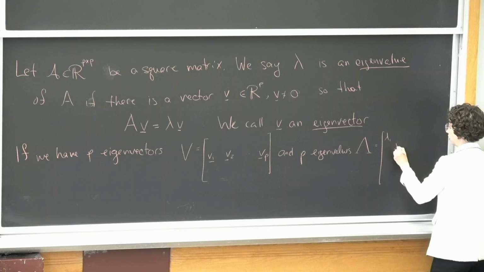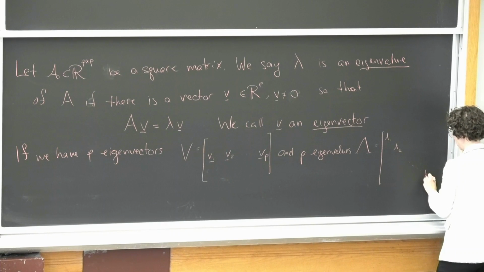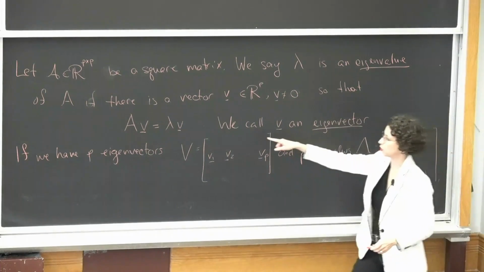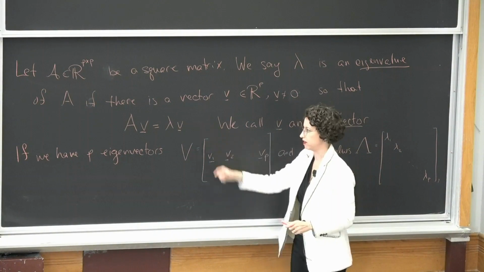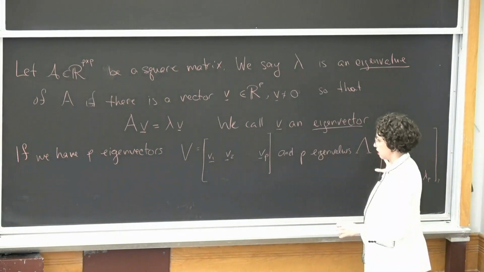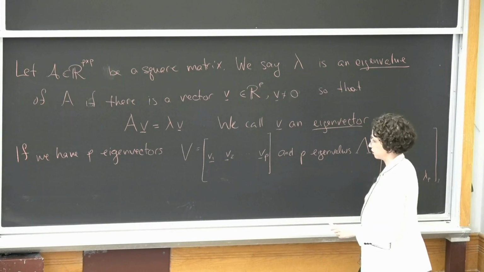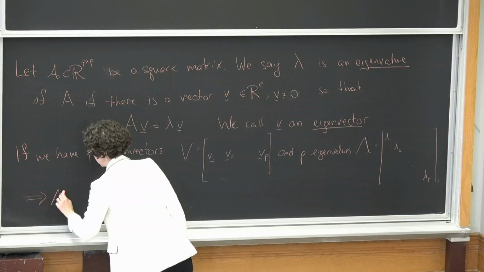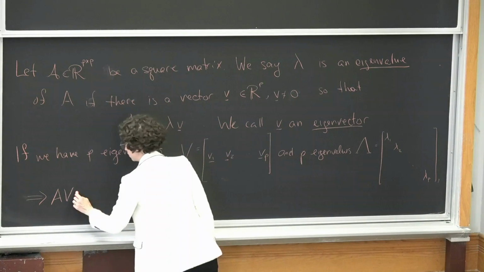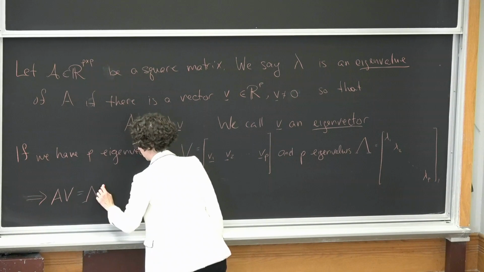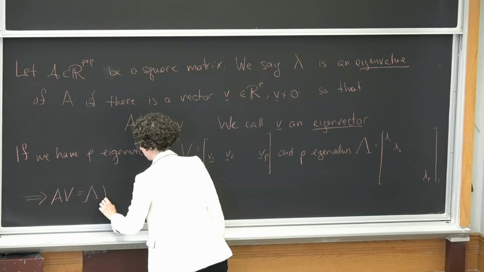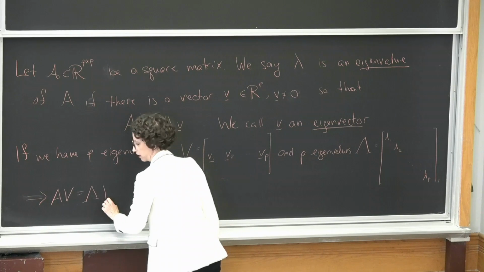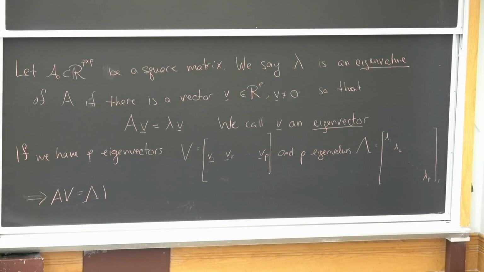So I've got lambda 1, lambda 2, all the way to lambda p. Then we can take this equation that holds for each of the eigenvectors, and write it simultaneously for all of the eigenvectors and eigenvalues, and say that A times this matrix V is equal to V lambda. I think I got that wrong earlier: A times V equals V lambda.